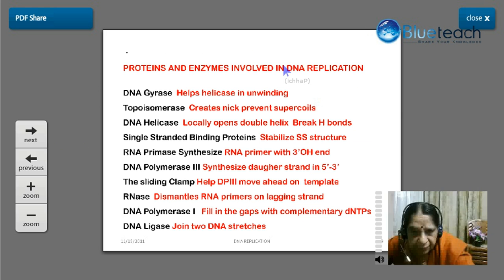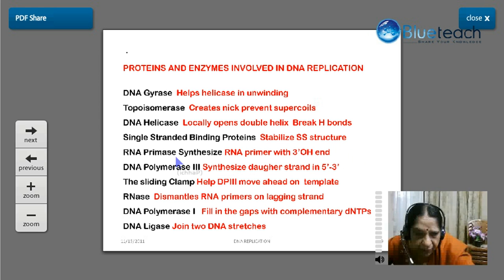Now proteins and enzymes involved in replication. The enzymes and proteins are DNA gyrase, which helps helicase in unwinding. Topoisomerase creates nick, prevents supercoil formation. Helicase locally opens double helix by breaking hydrogen bonds. Single-stranded binding protein stabilizes the single-stranded structure.